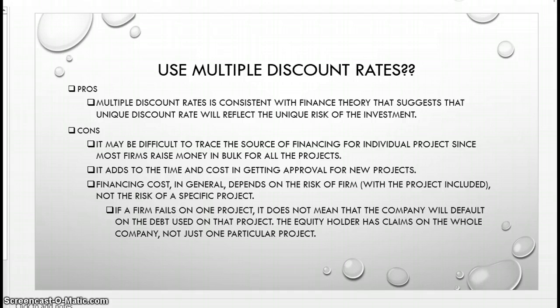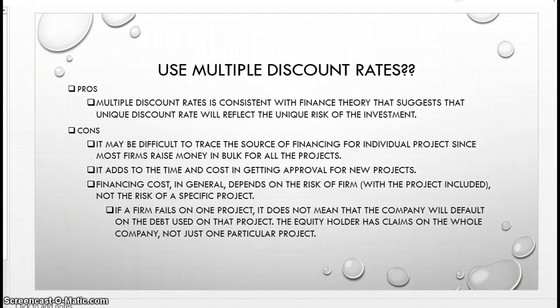So the funds are raised on the corporate level, and we can't specify individual sources of financing that will only apply to specific projects. And if we try to do that, this is going to create a lot more time and cost in getting approvals for new projects if we're trying to match specific funding sources to specific projects.